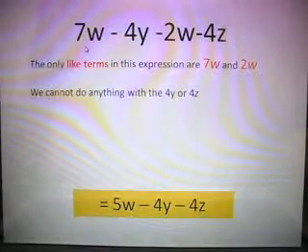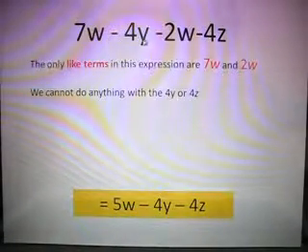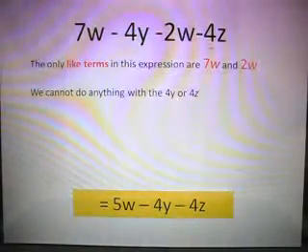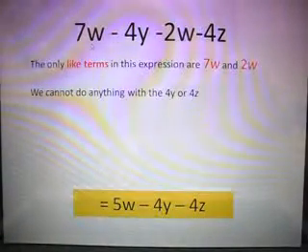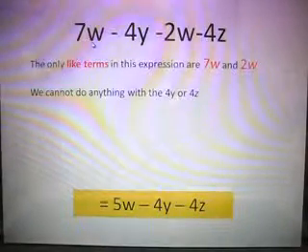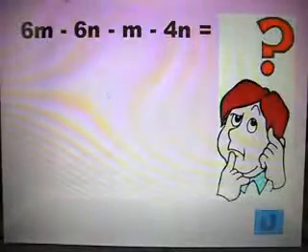Okay, let's look at this equation now. If we have 7w minus 4y minus 2w minus 4z, we can only subtract the like terms, which means we must regroup the terms. Okay, let's try these examples now.